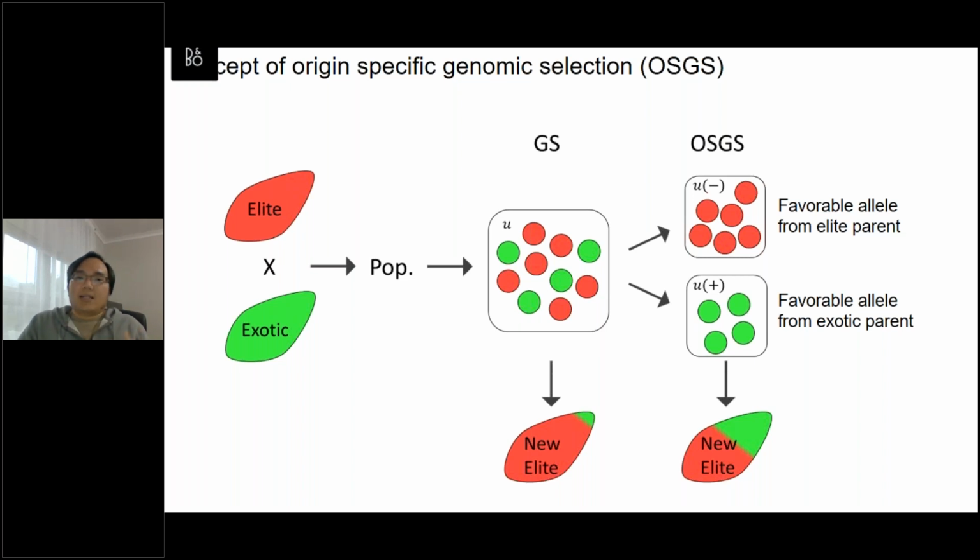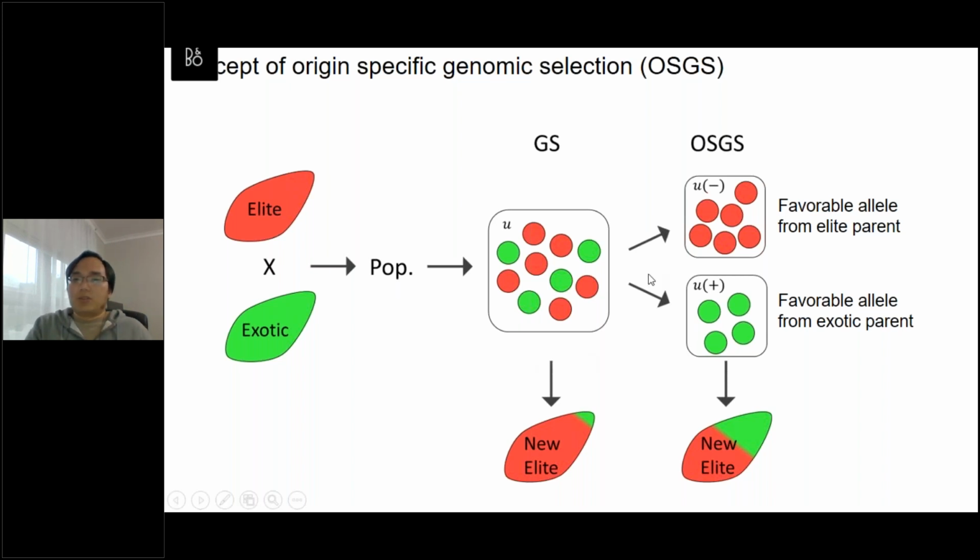So it's not surprising to find more favorable alleles coming from the elite parent. As a consequence, when you select from these kinds of populations, you end up picking a variety that is highly similar to the initial elite variety.